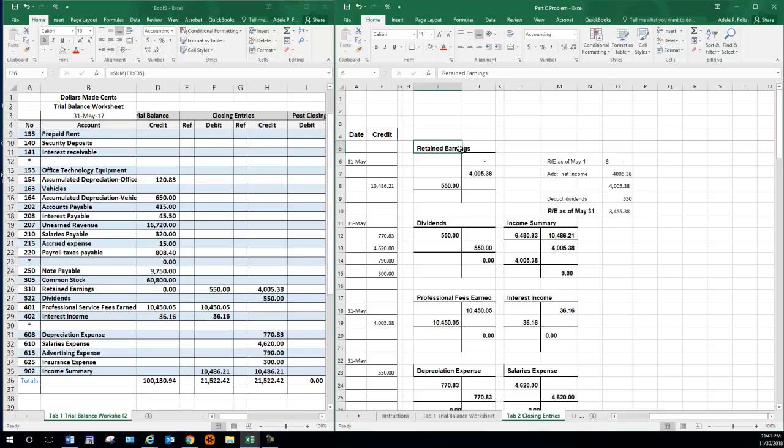And guess what? Here it is represented in our T account. We have 0. We credit it, making retained earnings go up by $4,005.38. Our closing entry, we made it go down by debiting it, $550.